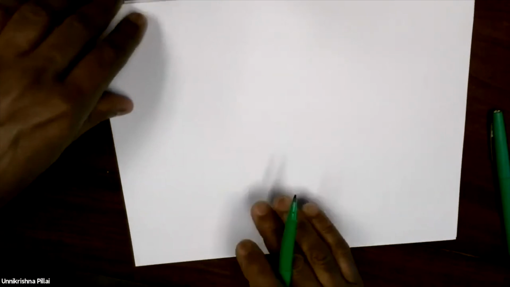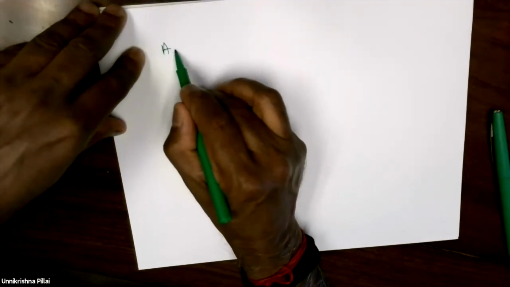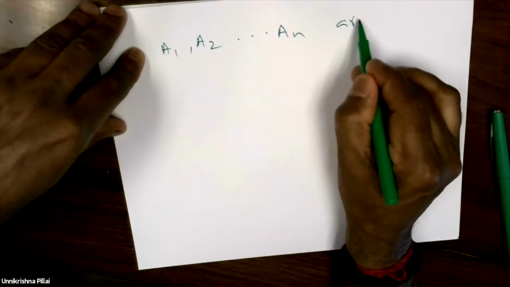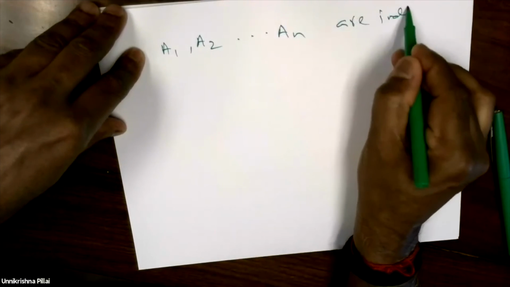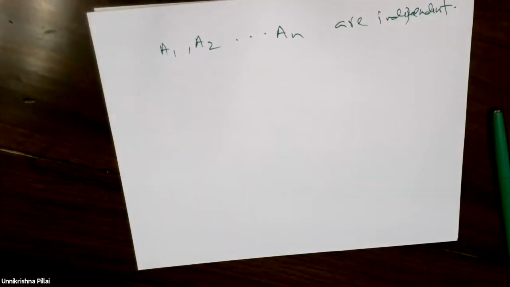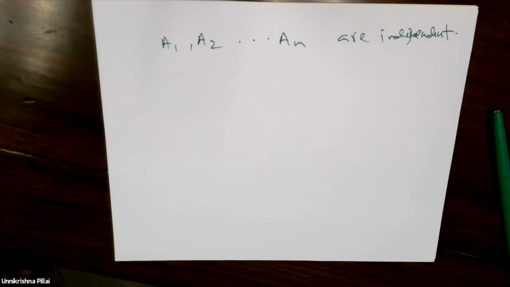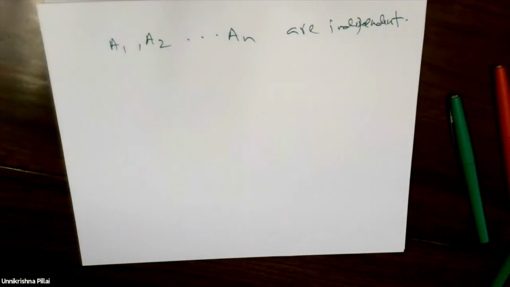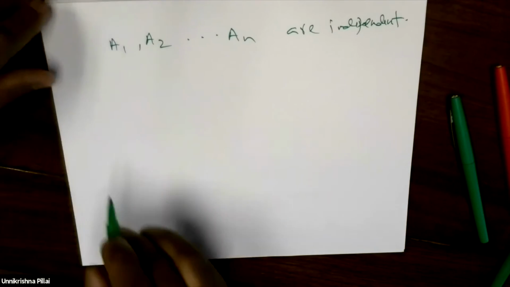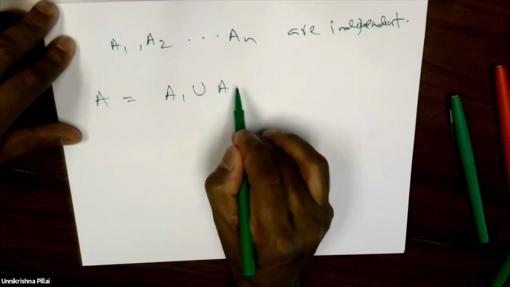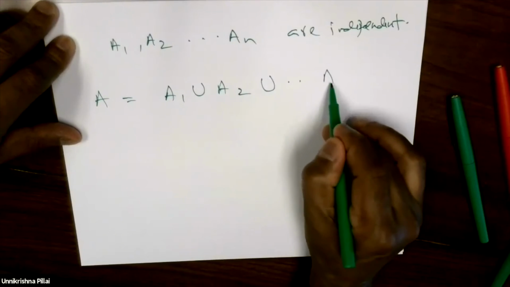So let me give you an interesting problem. I wanted to talk about this last week, but I forgot. Let's say we have a set of events A1, A2, etc., AN that are independent, and I'm going to define A to be A1 union A2 union, etc., AN.